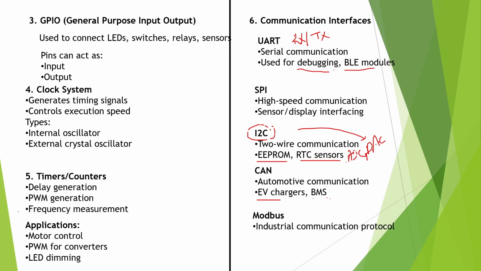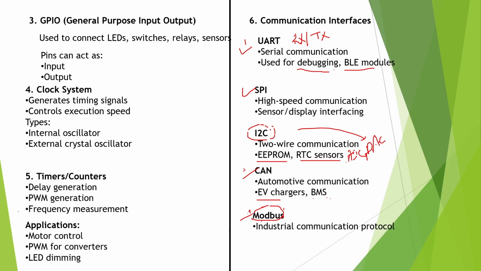Another is the industrial communication protocol, Modbus, which is also very important. So generally, these three communication protocols are important: UART, Modbus, and CAN. The others are also important, but I take priority UART, CAN, and Modbus.